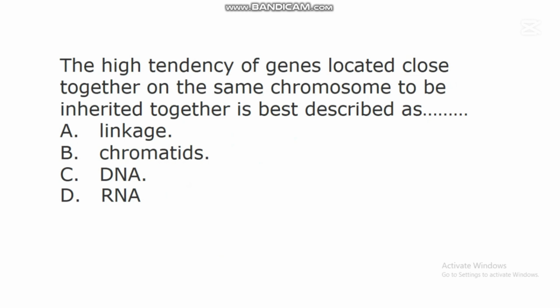The next question says, the high tendency of genes located close together on the same chromosome to be inherited together is best described as dash. A. Linkage. B. Chromatids. C. DNA. D. RNA. In this question, the correct answer is A. Linkage.